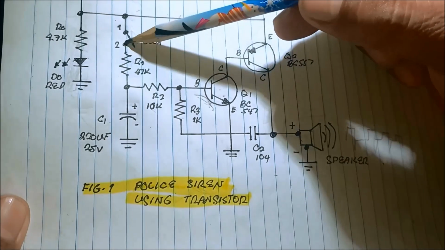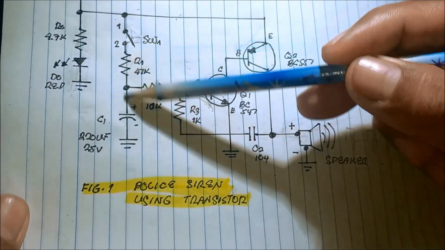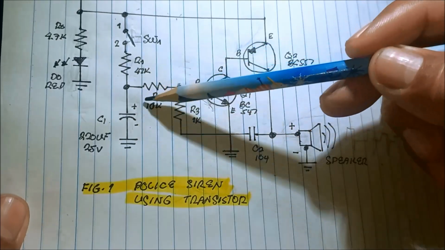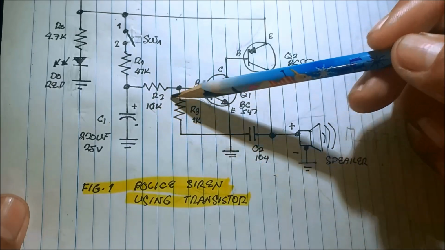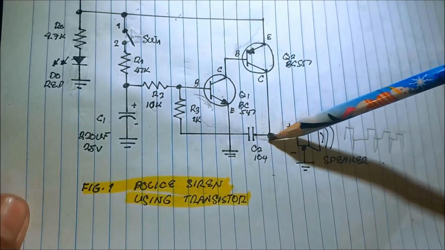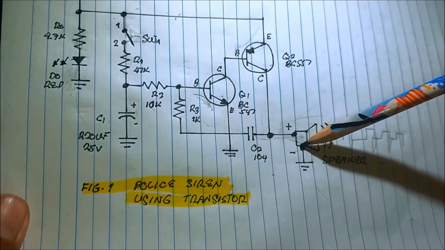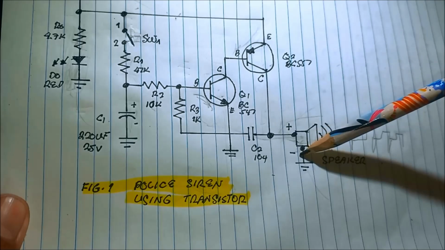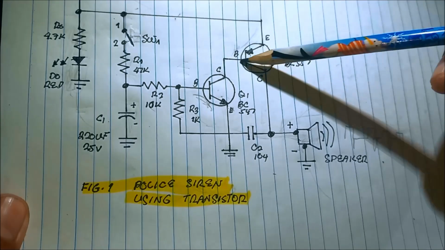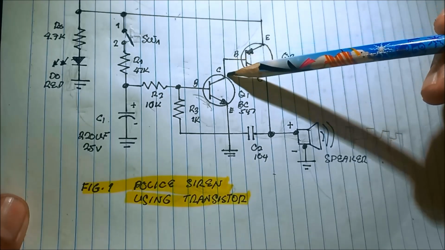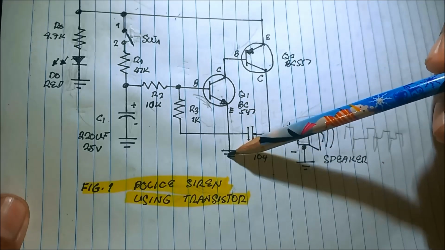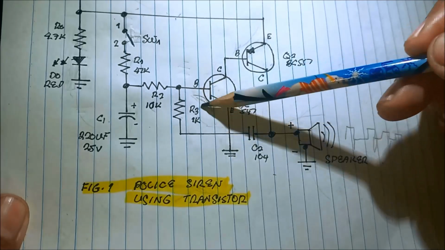When we close the switch, it will charge the capacitor through 47K, then discharge through R2 10K, then to the R3 1K, to the speaker, and current flows also into the emitter to the base of this transistor, and then to the collector to emitter, then to the ground. So there's a base current here.